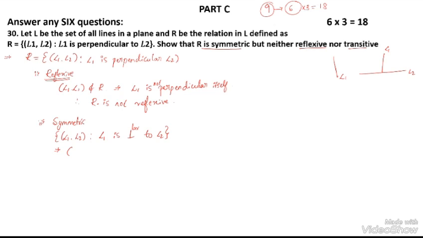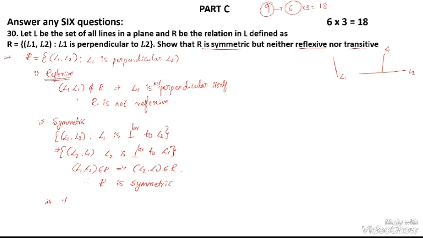That implies if (L1, L2) belongs to R, then (L2, L1) also belongs to R. Therefore, R is symmetric. Then we have to check the third condition.